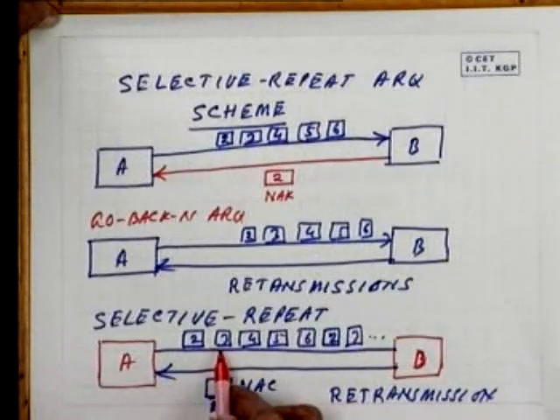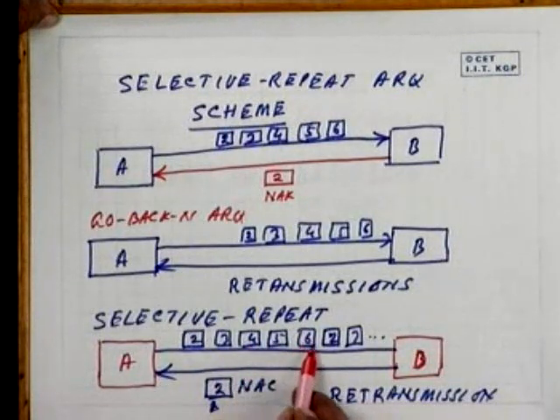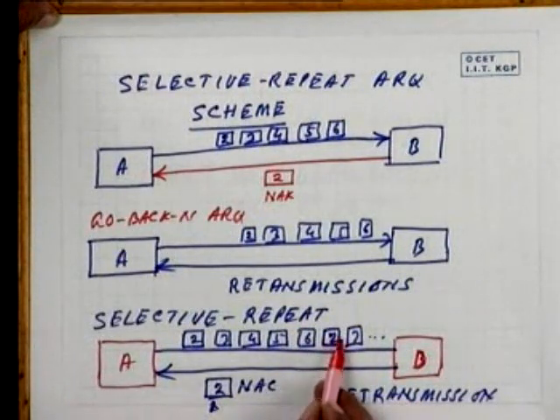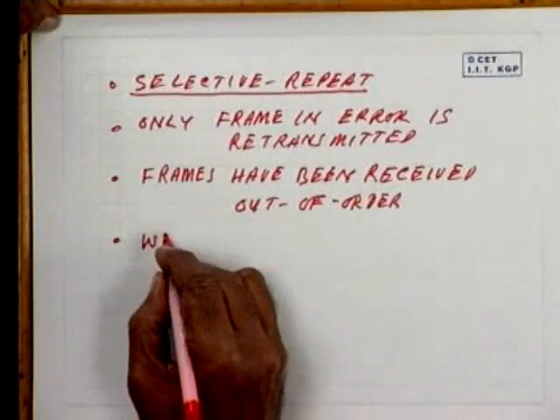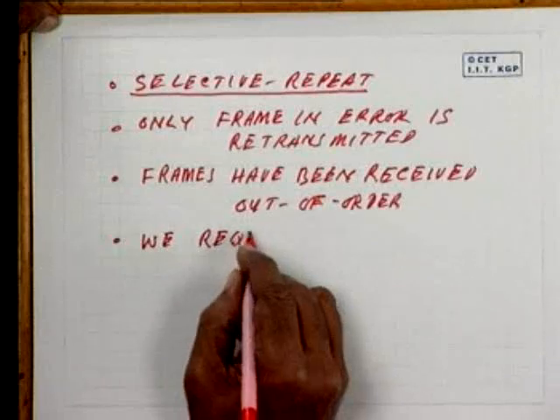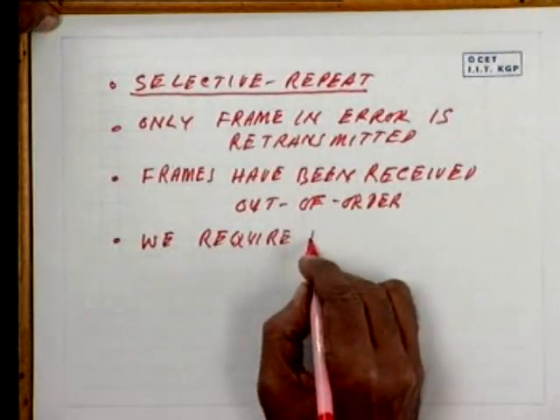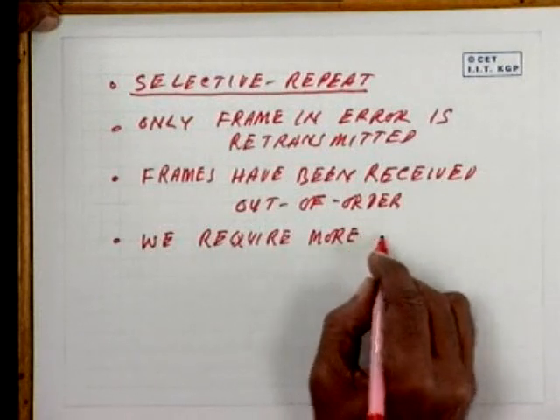That means we have to keep frames 3, 4, 5, 6 in a buffer so that we can insert 2 before 3 to construct the original message comprising several frames. So we require more number of buffers.